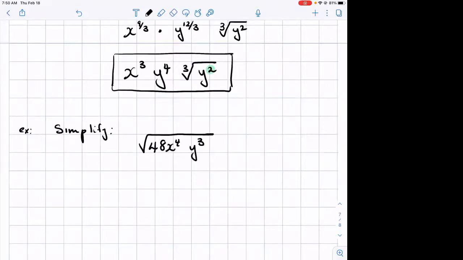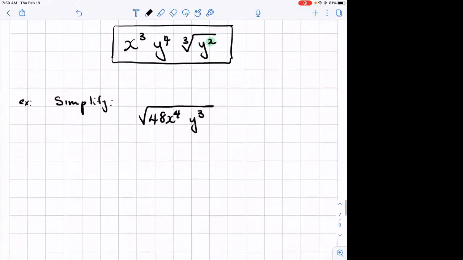Okay. And let's look at the number first. 48 is not a perfect square. There is no number that, when multiplied by itself, gives 48. But 48 can be simplified.